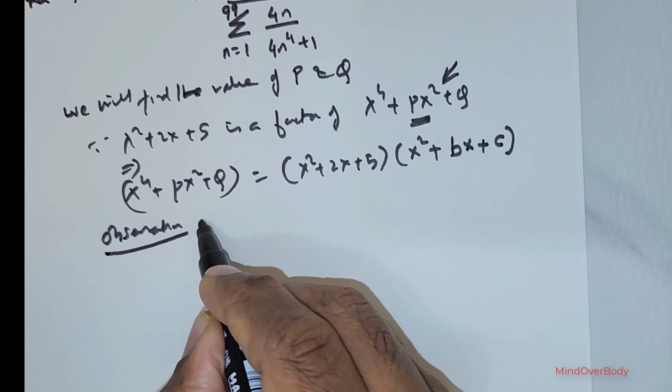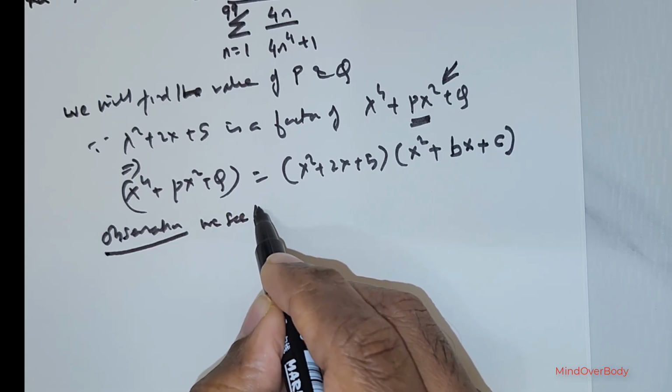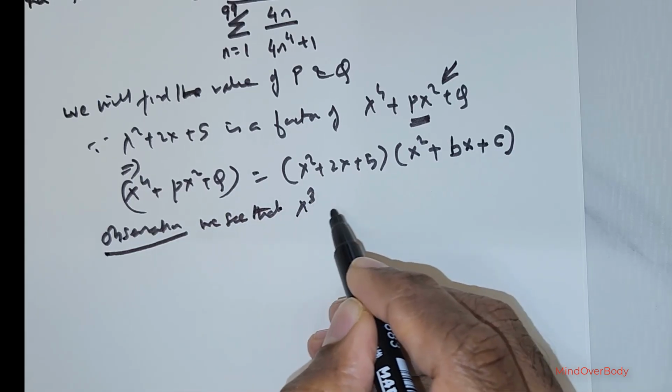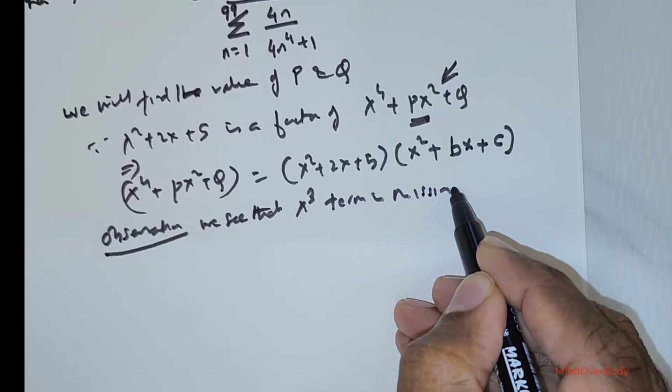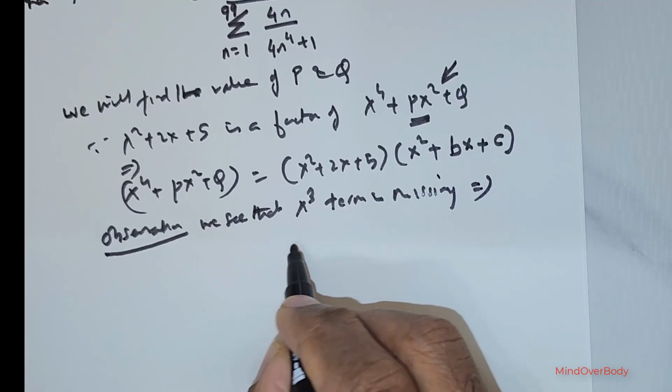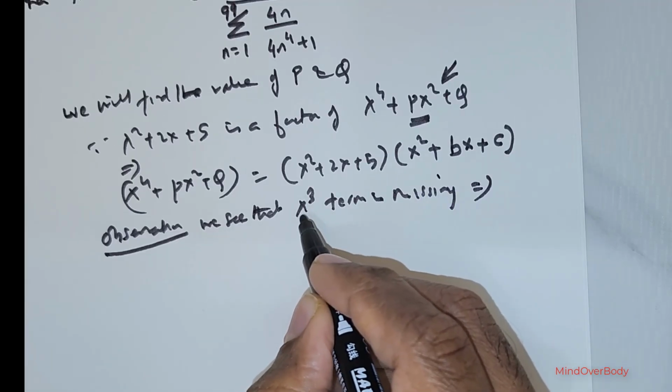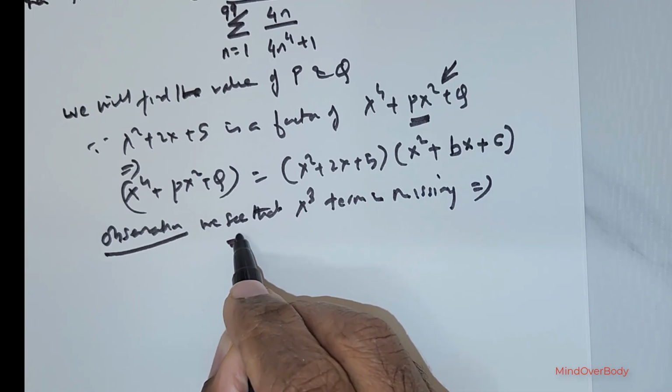Having given that information, we make the following observation. Clearly we see that the x cubed term is missing. So that would mean the coefficient of x cubed is equal to 0.